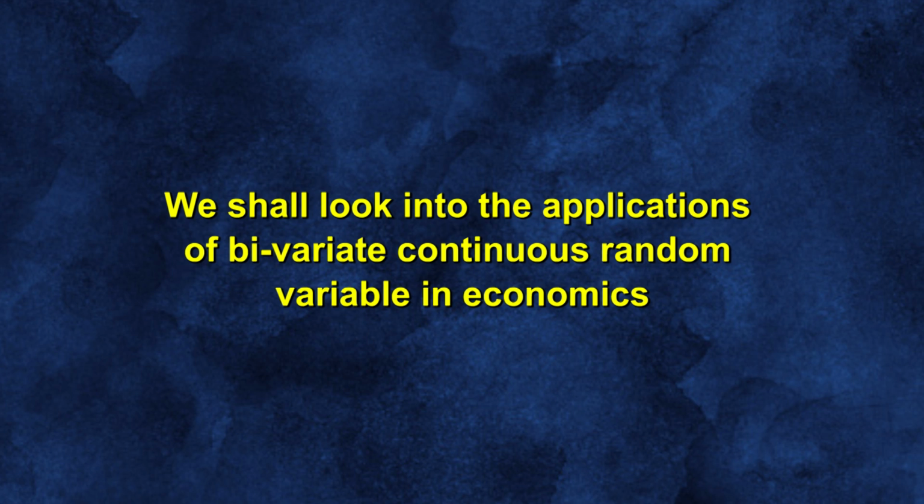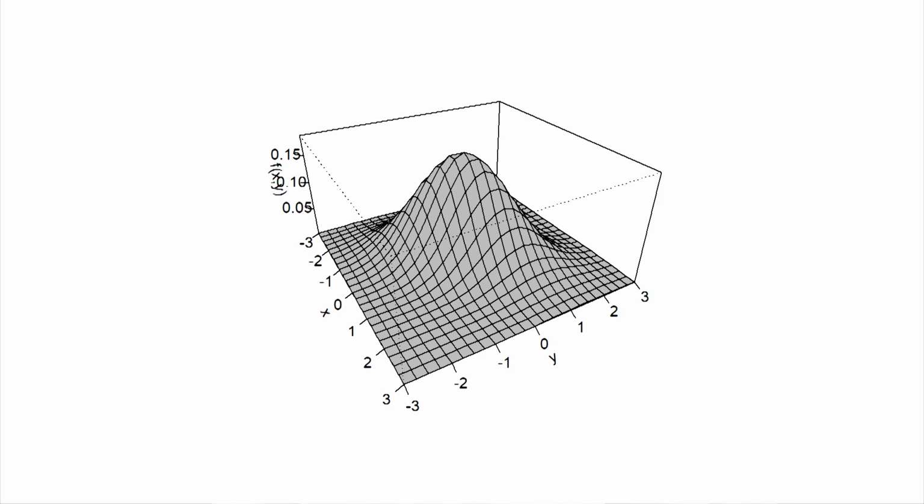Now, we shall look into the application of bivariate continuous random variables in economics. Production functions. In production theory, bivariate continuous random variables are used to model the relationship between inputs and outputs in the production process.